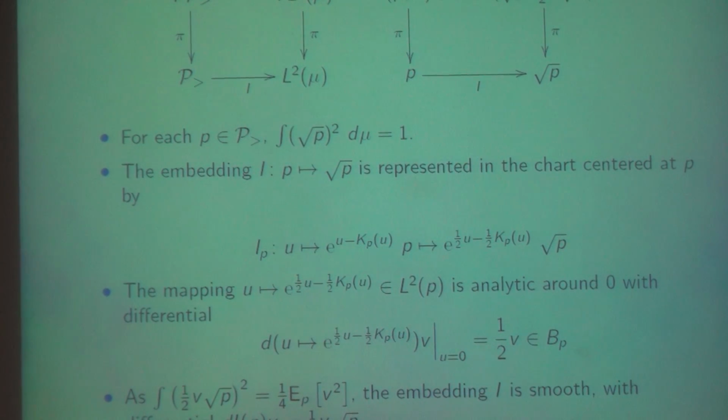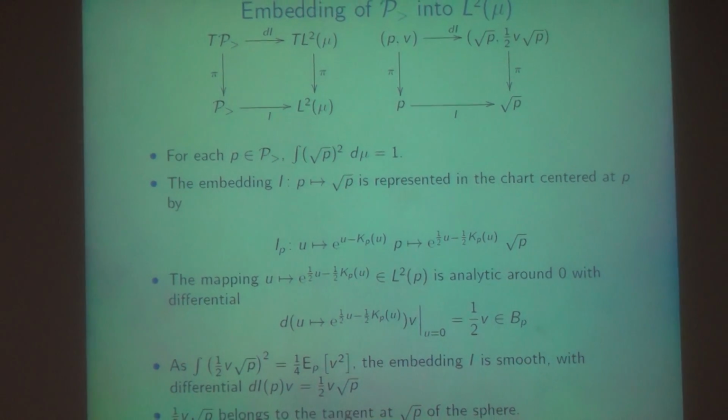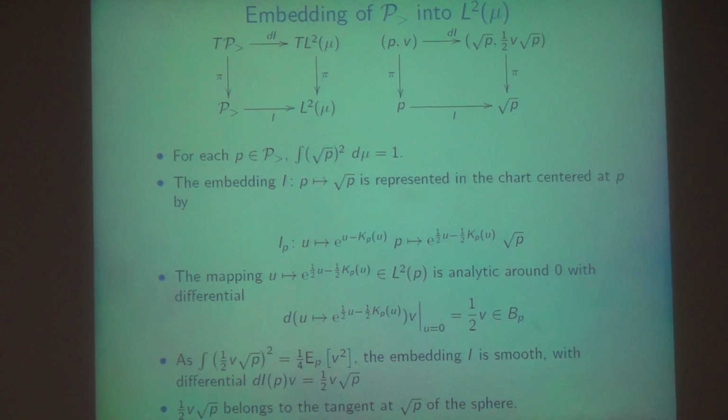And now, what about the Hilbert structure? The Hilbert structure is usually obtained this way. We take the embedding of P into the sphere of the Hilbert space by taking the square root. So we have a mapping E from our manifold to L2, which is regular.